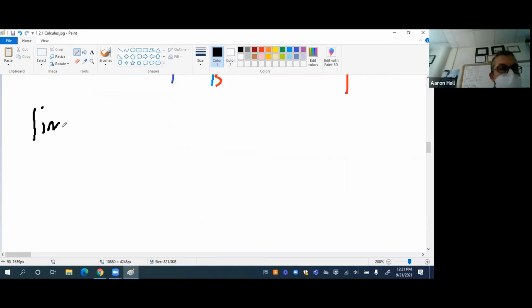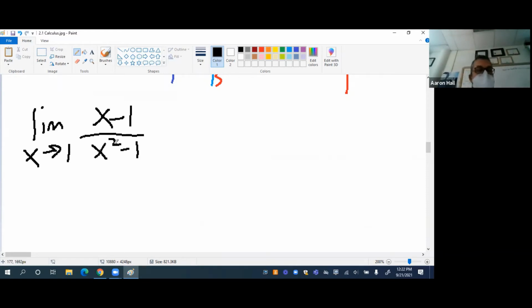Let's do another one. The limit as x approaches 1 of x minus 1 over x squared minus 1. Think time.